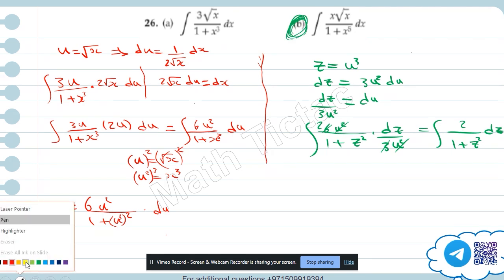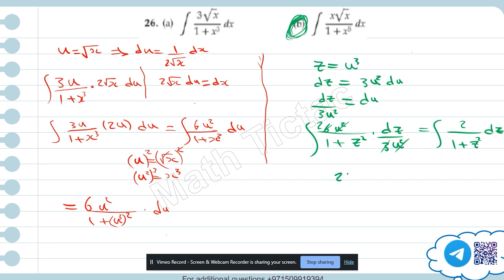Now this is equal to the integration, after taking the 2 outside, 2 tan inverse of z plus c, which means I have 2 times tan inverse. Instead of z, I'll put its value, which is u cubed, plus c.